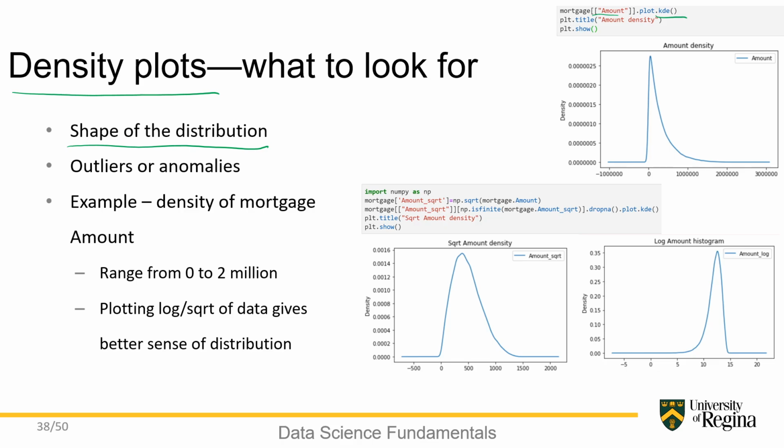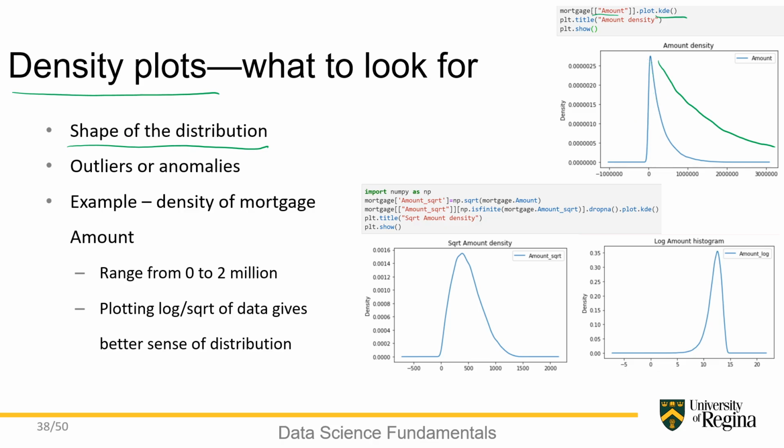So if you take the density of a mortgage, like what you see here, you can see that this looks skewed to the right. You have a very long tail on the right, and a kind of sharp edge here.